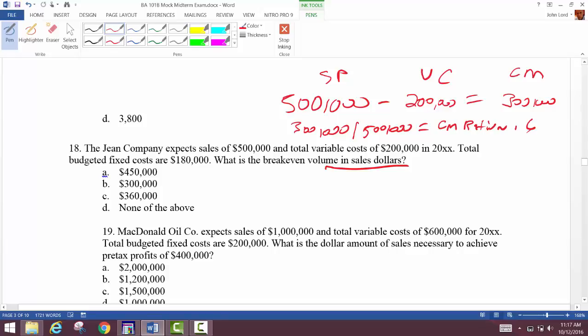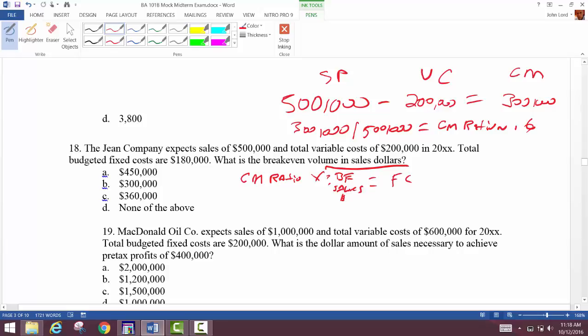Good. So now that I have my contribution margin ratio, if I want the break even in sales dollars, I take the contribution margin ratio times my break even sales dollars, which is what the question's asking me here, going to equal my fixed cost, right?